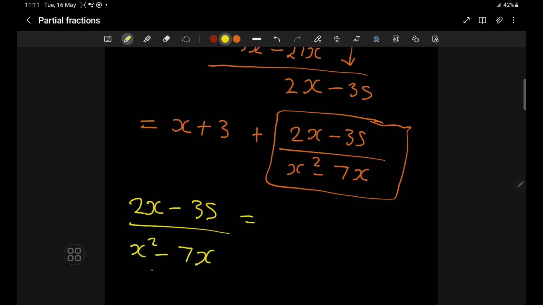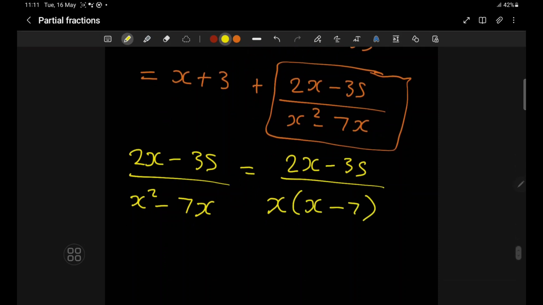Below here, this is a quadratic. But is it reducible? The answer is yes. We can factor out x, so we'll have x times x minus 7. So it's reducible to that format, and this becomes a linear factor.